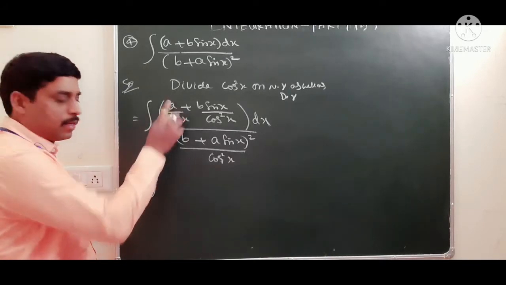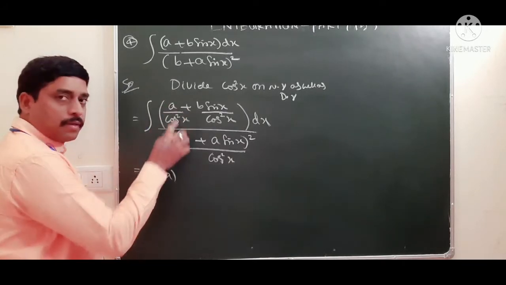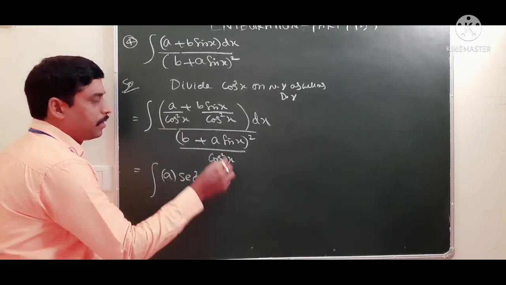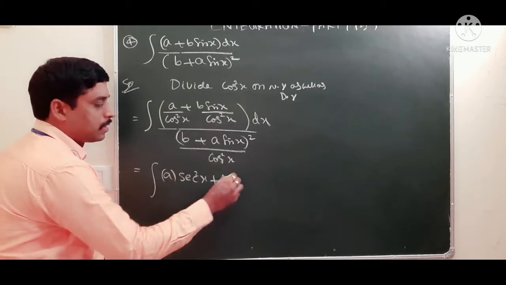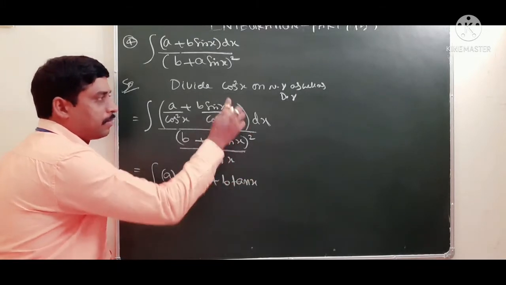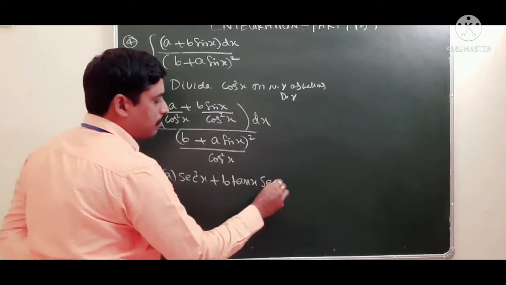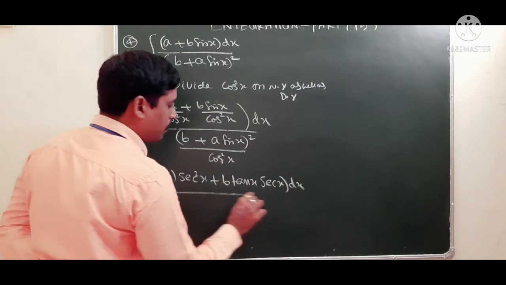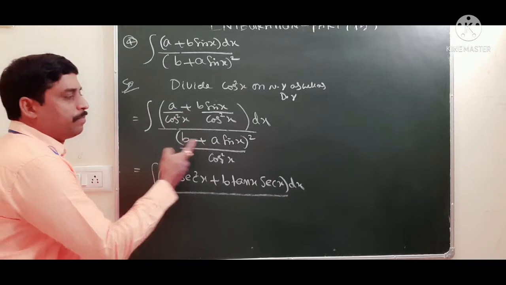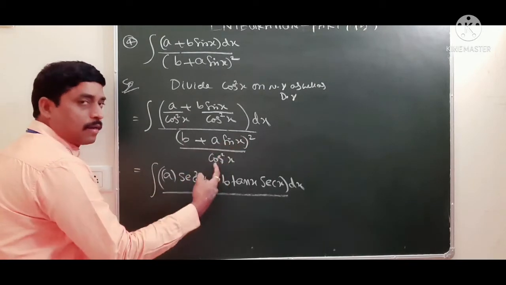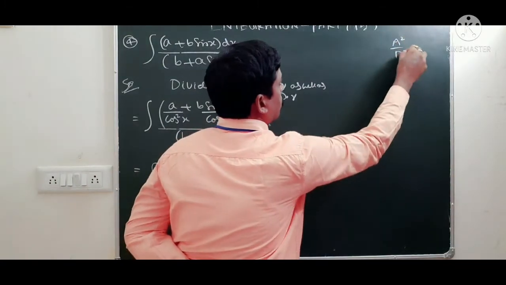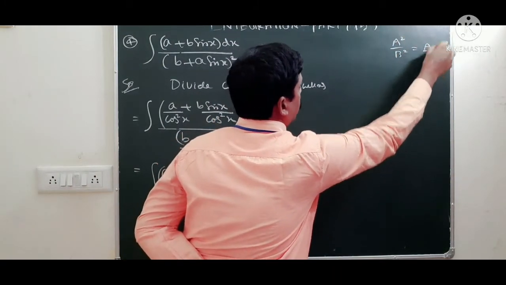Integral a into 1 by cos square x, this is going to be secant square x, b into sin x by cos x is tan x, and the remaining 1 by cos x is secant x dx, this whole divided by b plus a sin x whole square by cos square x. We have a square by b square is equal to a by b whole square.